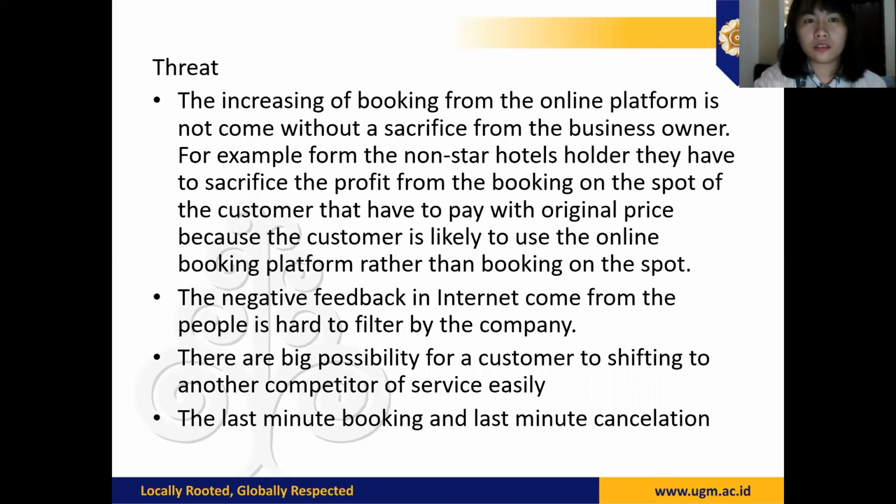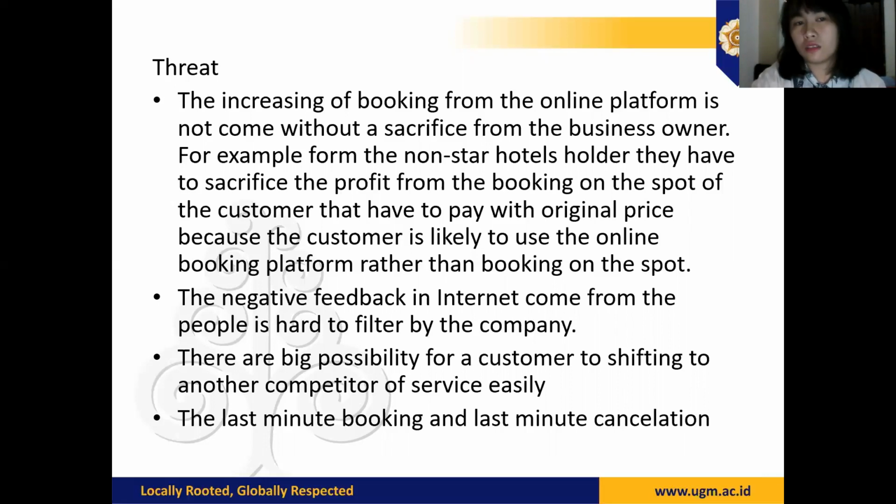The threat is that the increasing of bookings from online platforms is a sacrifice for the company, because, like I mentioned before, if the customer comes directly to the hotel, they pay the normal price, but if they pay from the online platform, it has to be cheaper.